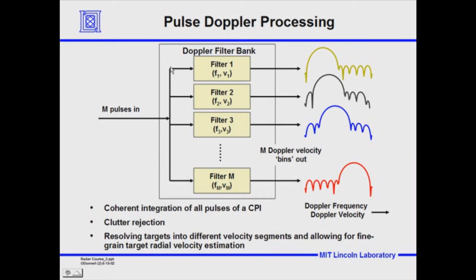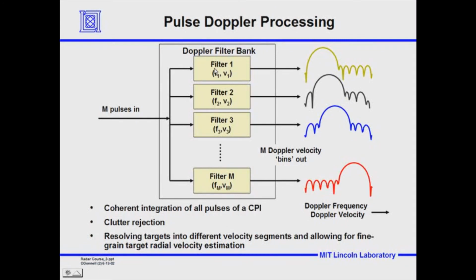So those returns from the M pulses, I'll just say 32 pulses, in one range gate, each of the complex returns, will be multiplied by a weight. And that set of weights has a certain set of Doppler characteristics, which is shown here in this little curve. This curve is the gain characteristic in Doppler space of the set of weights that are used in filter 1.